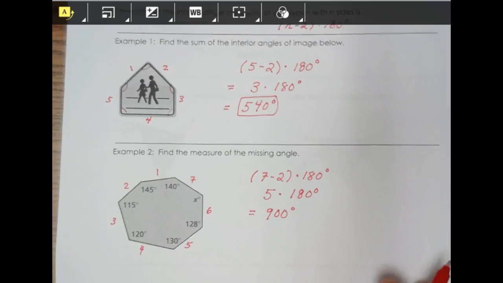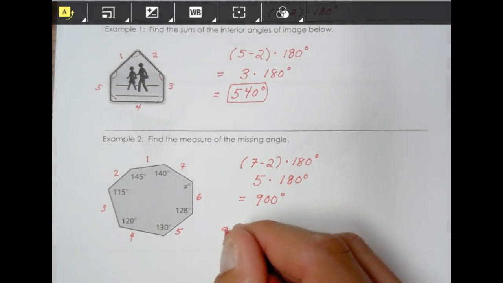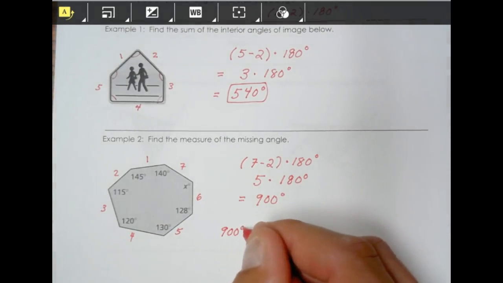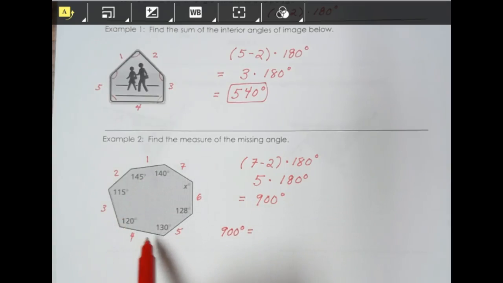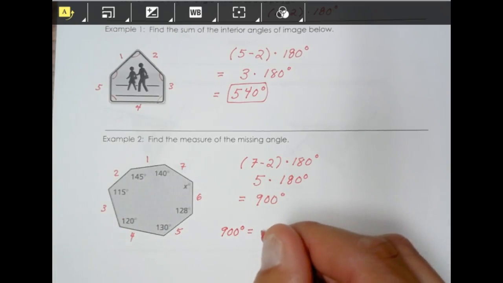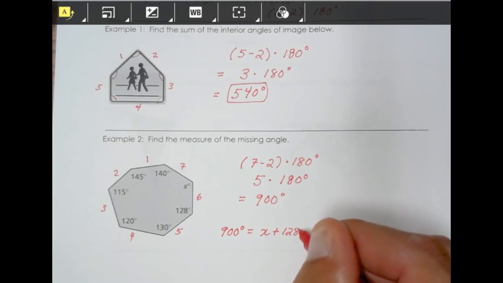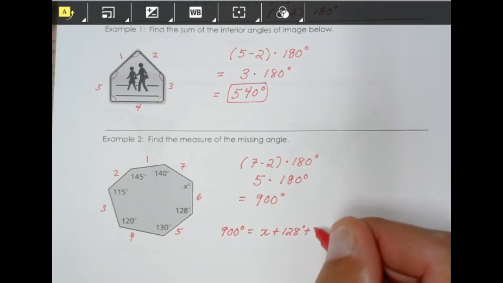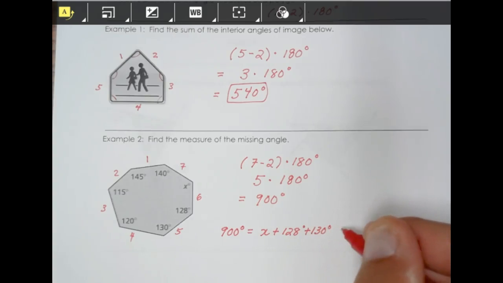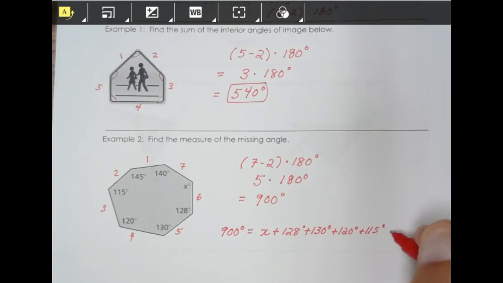So what I'm going to do is set this 900. That 900 has to equal the sum of all the angles. So I have to add all these angles up. I'm going to start with x. I'm going to have x plus 128 plus 130 plus 120 degrees, plus 115 degrees, plus 145 degrees, plus 140 degrees.